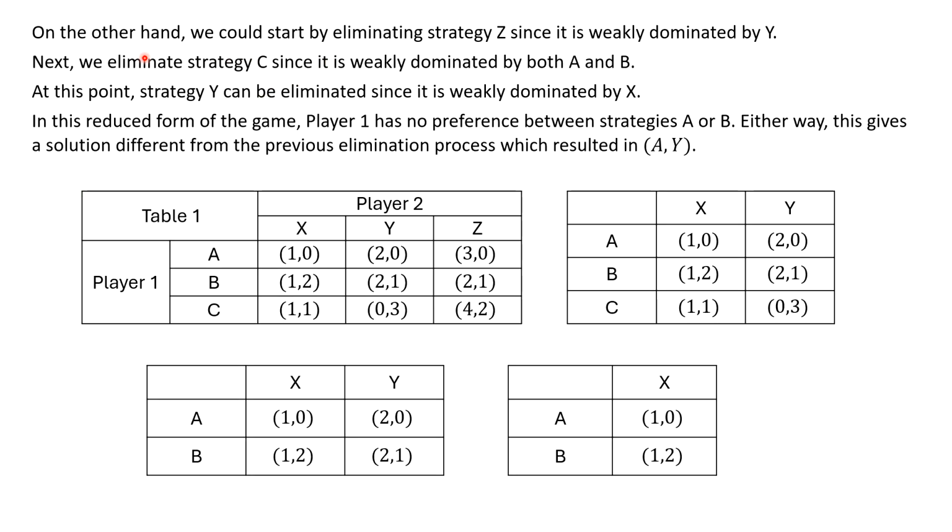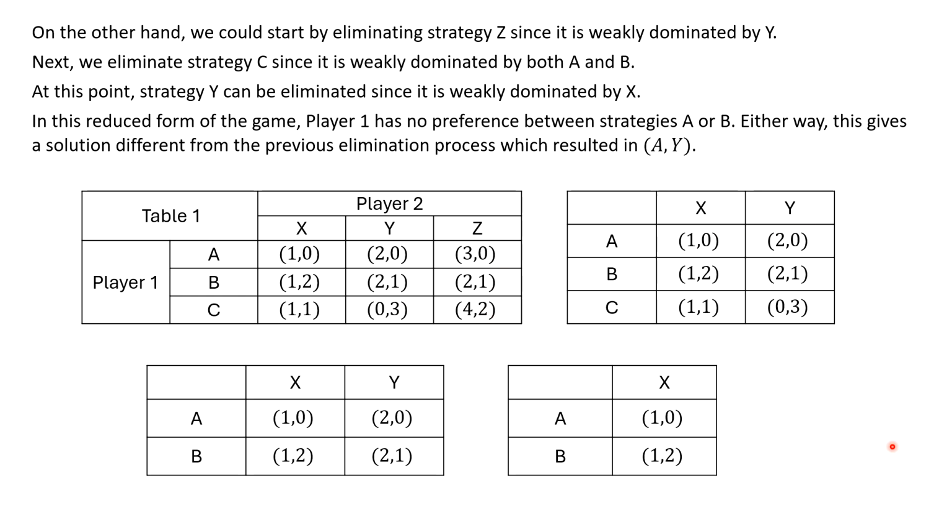So we can go about doing this reduction in a different order, and that's what I have here. I started with the same matrix again, and we eliminate Z now, since it's weakly dominated by Y, looking at the second term in the tuple, 0 equals 0, 1 equals 1, but 3 is greater than 2.